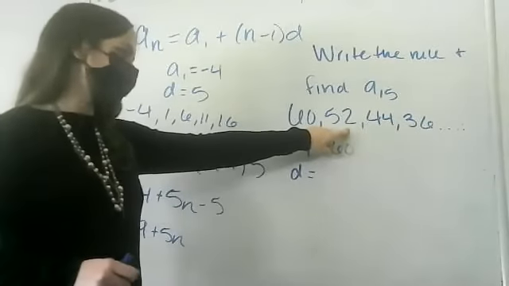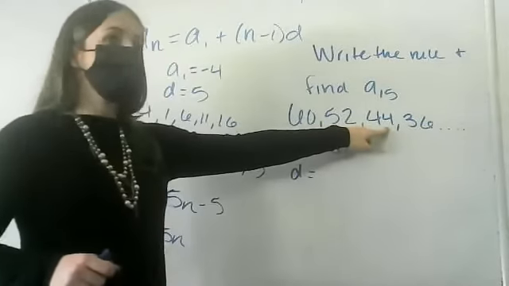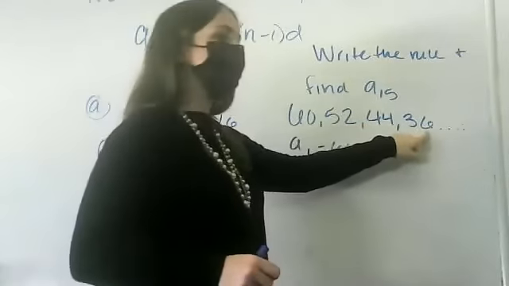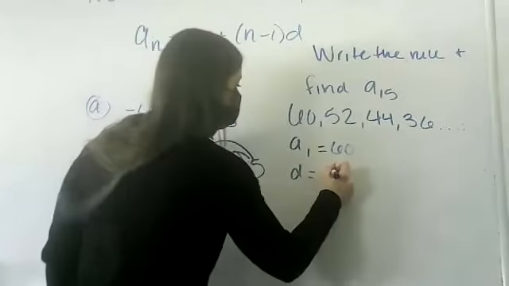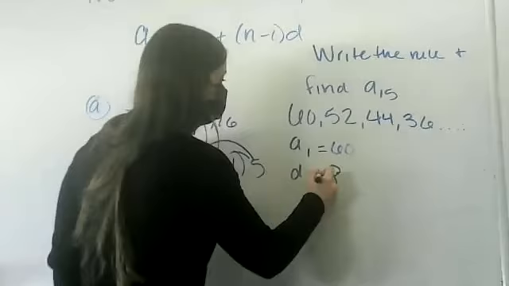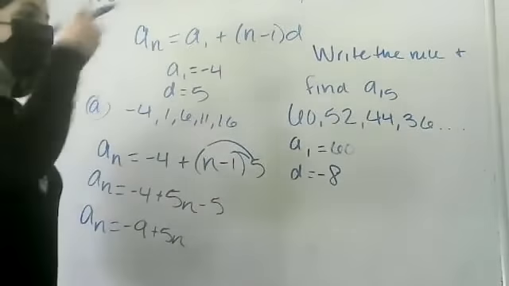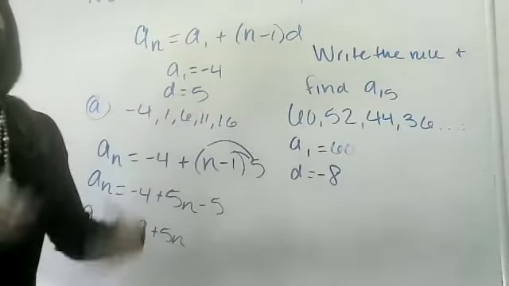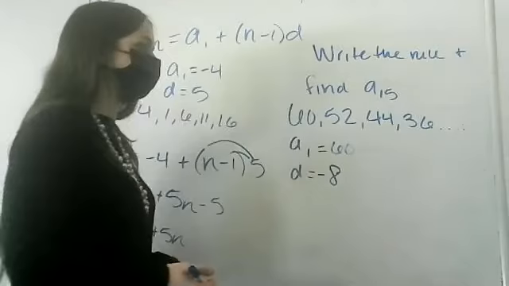Minus 8. Minus 8. 52 to 44, minus 8. 44 to 36, minus 8. So is this a positive 8? No, negative 8, right? We have to notate whether you are adding or subtracting. If you're subtracting and going down, it needs to be a negative.